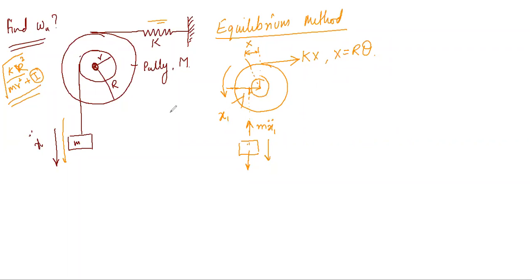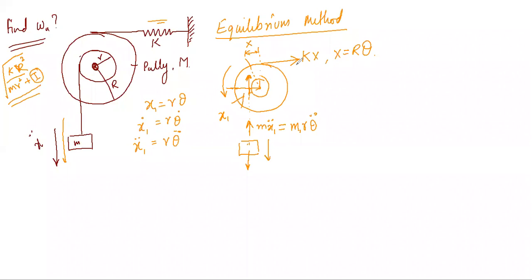Now what is the value of x1? It is equal to small r theta. So x1 dot can be written as r theta dot, and x1 double dot is r theta double dot. So this inertia force can be written as m r theta double dot, and this is acting at this particular point.